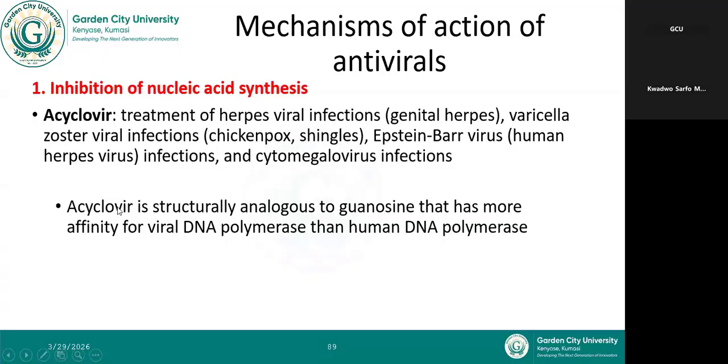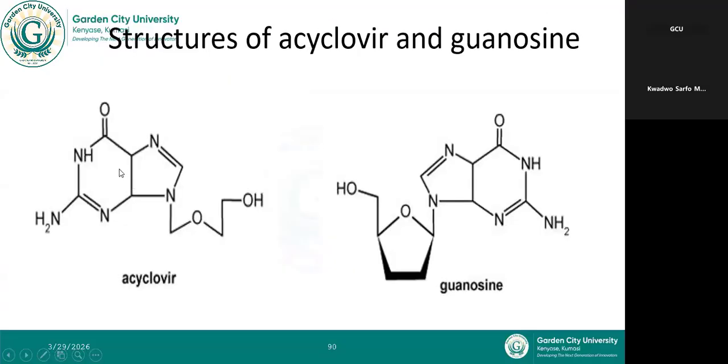So this acyclovir that is used for targeting the nucleic acid synthesis is similar to guanosine. Guanosine is the guanine, which is a base bound to the sugar. In the structure of acyclovir, you see the two rings, the same purine rings here. Then there is the 5-carbon ribose sugar, which is lacking in the acyclovir. They have the open chain.